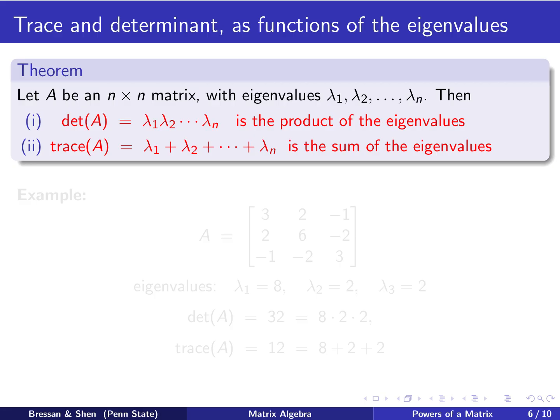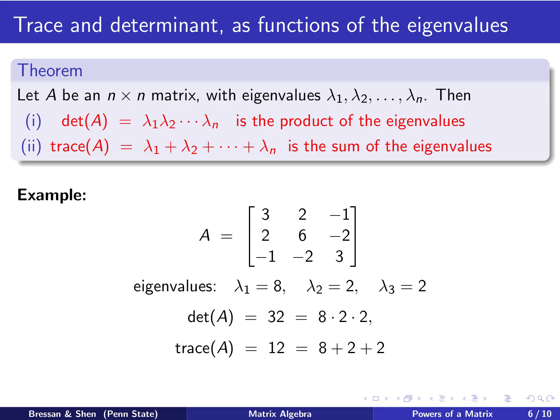And then we have the following. The determinant of A is the product of all the eigenvalues. So determinant of A is lambda 1 times lambda 2 times all the way to lambda n. And the trace of A is the sum of all the eigenvalues. So lambda 1 plus lambda 2 plus lambda n will give you exactly the trace.